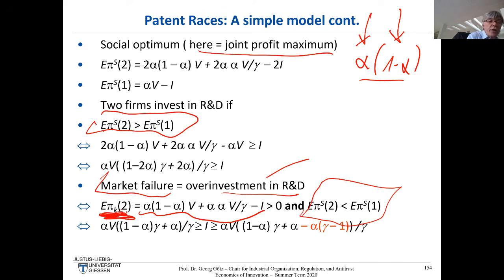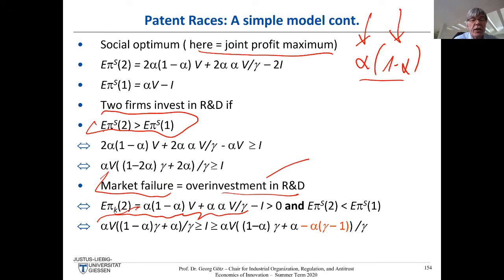Okay, and now what I did here is just substitute the values. Here is this value, which has to be greater than I. Just put this I on the other side, and from here we get a similar condition. Oh, actually, it's this condition here. We put it here, and here we said greater or equal.